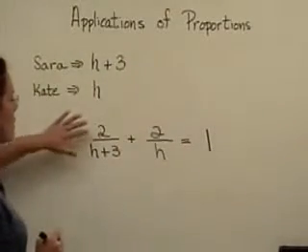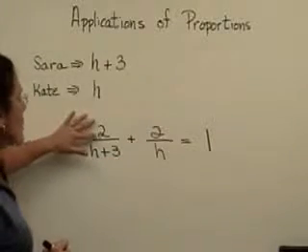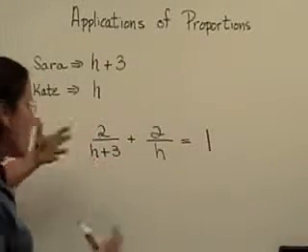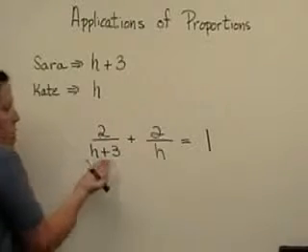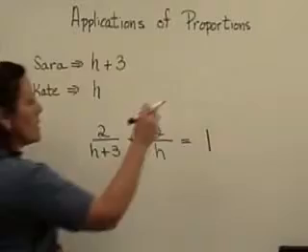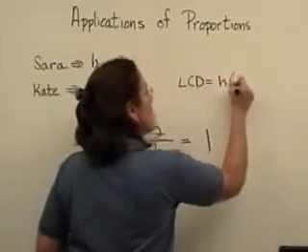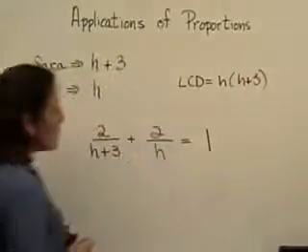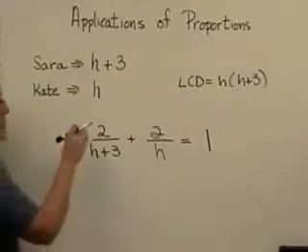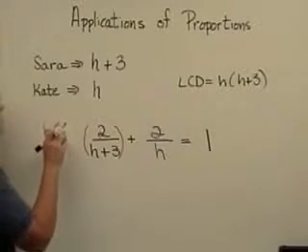Again, please remember in the last problem we didn't know what t was, but we knew what our denominators were. This time I know that the total time is 2, and I'm expecting that whatever h is, this is going to be 3 more than that. I need to solve this equation now, and the least common denominator for this problem is h times h plus 3. So I need to multiply every term, both sides of this equation, by h times h plus 3.